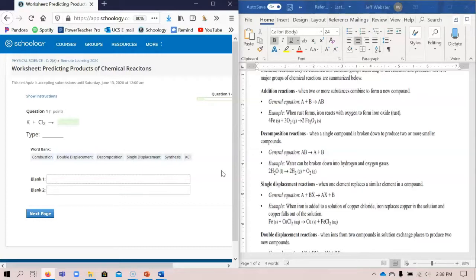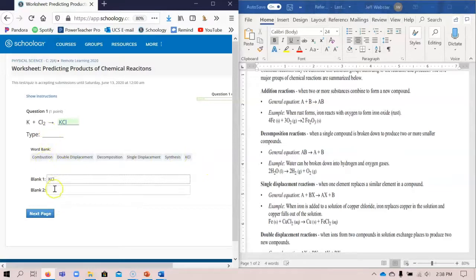So I would look back at my periodic table. Potassium, which is K, is in the first column, and chlorine is in the 7th column. So potassium is a +1, and chlorine is a -1. So when I put that together, if I do swap and drop, all I'm going to get is KCl. So that's all I have to put there.